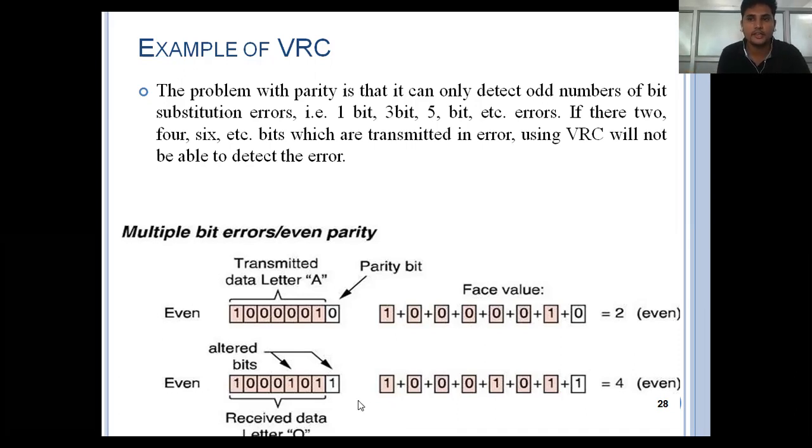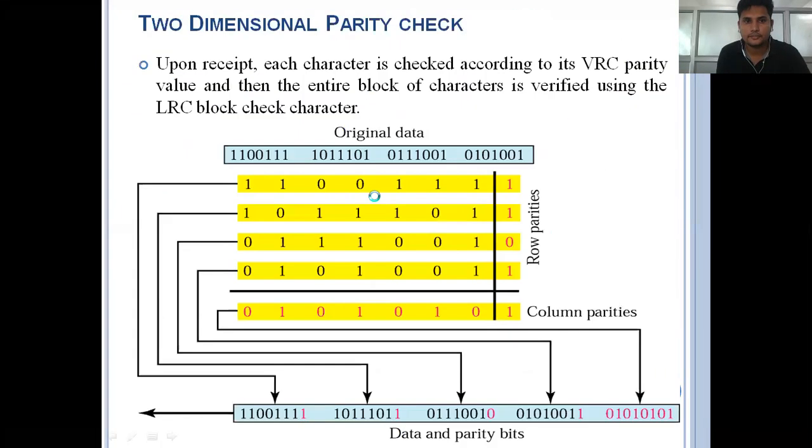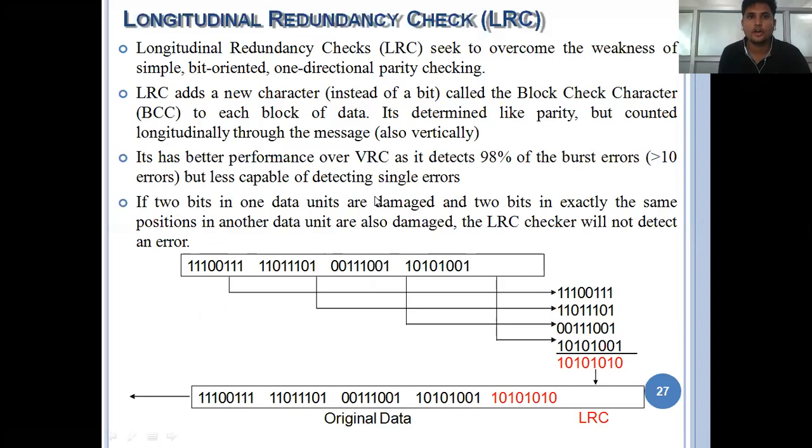That is the VRC. The advantage of VRC is that it identifies odd parity errors easily, but the disadvantage is that it doesn't identify errors of even numbers, even frame numbers. The next one is longitudinal redundancy check, LRC.